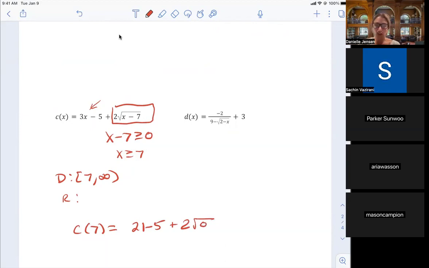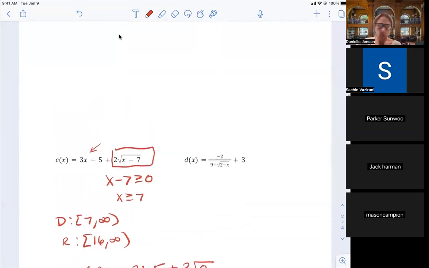So what actually is my low value? 16. Exactly. So don't just assume that when you find the extreme of your domain, that's going to make everything 0. Actually double check and plug it in to make sure. And we've had something like that before where we've had multiple square roots and it didn't make everything 0. It made one of them 0, but not everything.